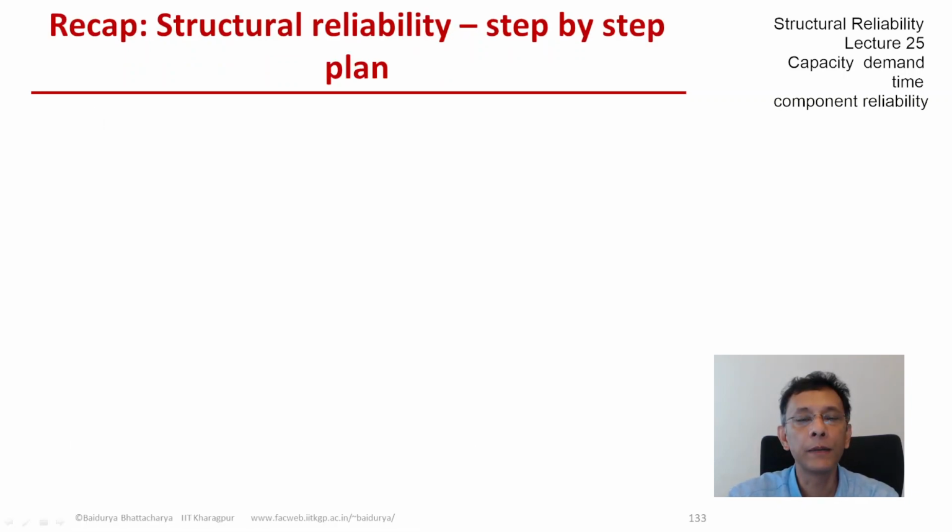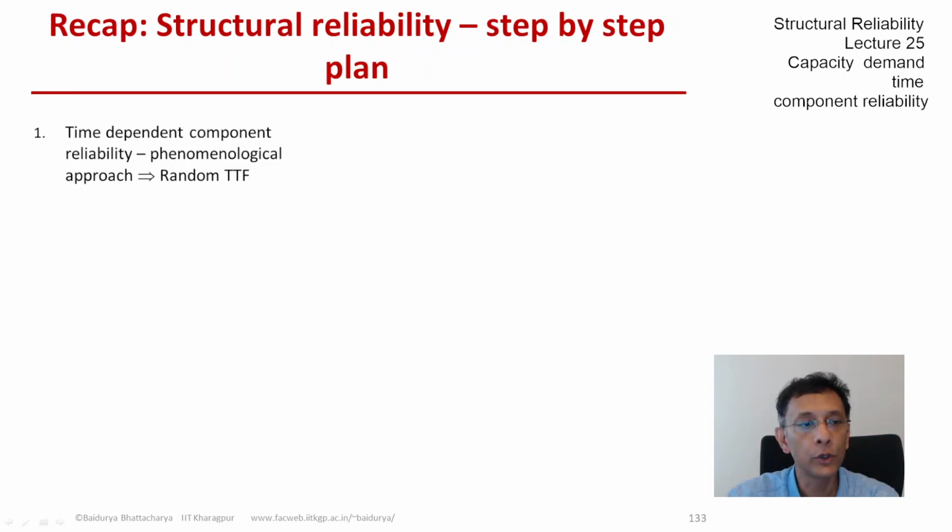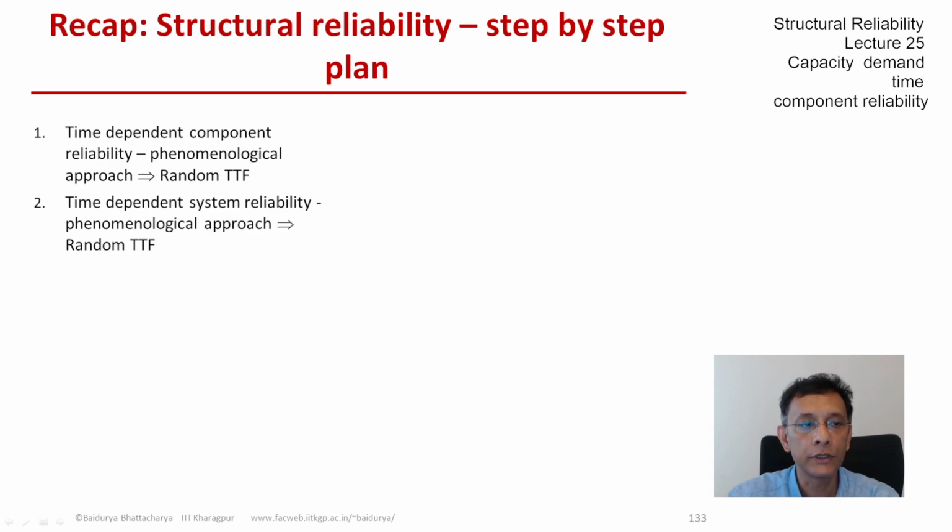This is the step-by-step plan we started with when we were discussing part B and part C of this course. We have already completed the first two steps, the phenomenological approach to time to failure, both for components and for systems.